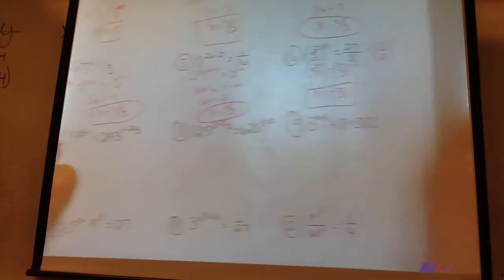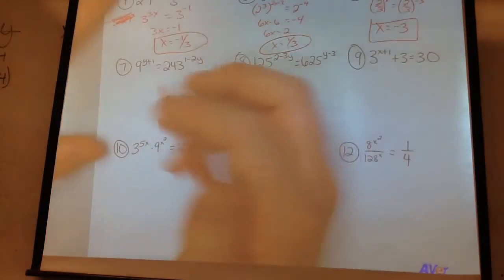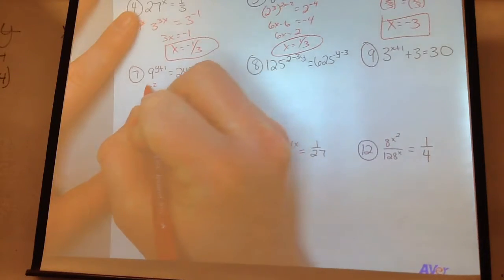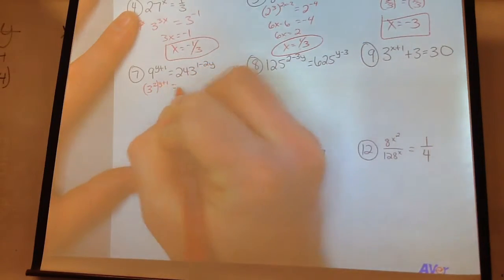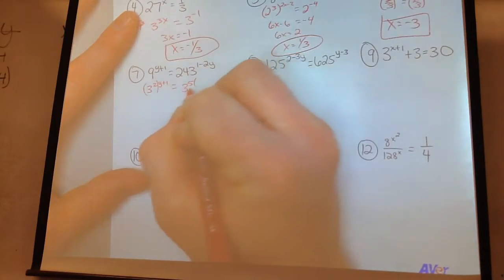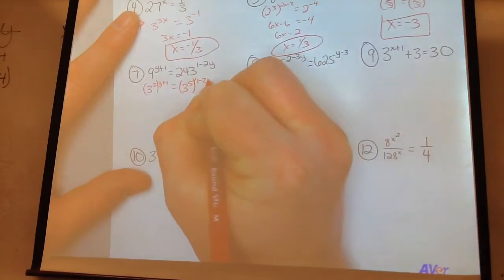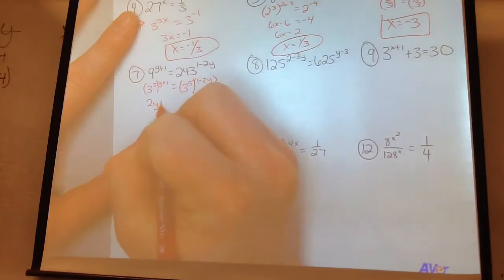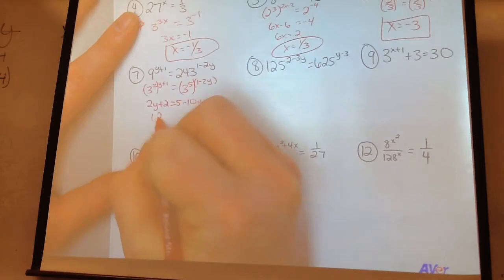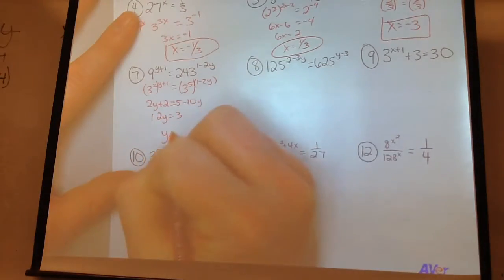Long story short. Now it's getting fun. Let's see, what's that? 3 squared to the y plus 1. That's 3 to the 5th, to the 1 minus 2y. So that's 2y plus 2 equals 5 minus 10y. So 12y equals 3 and y equals 1/4.